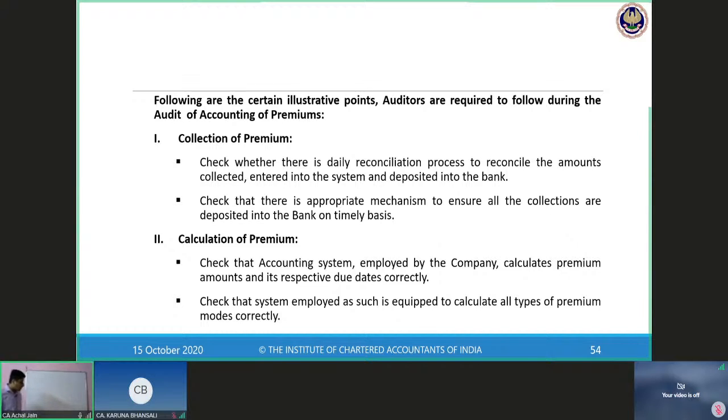So now talking about the financial statements of an insurance company. Let's understand what will be the major items in its financial statements.